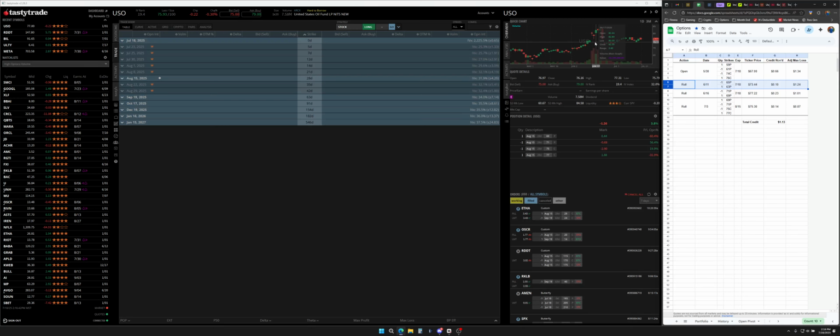We're at 77.22 when I did this. I rolled the untested side again, the puts, and I collected a 23-cent credit for this, now making my max loss $101, excuse me, and my max profit $99 at this point.